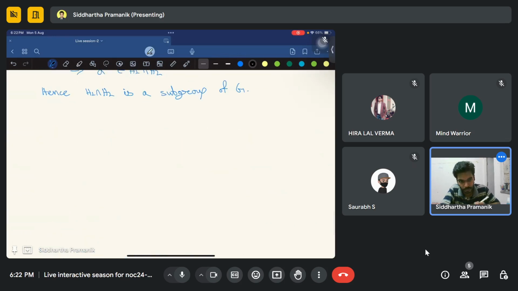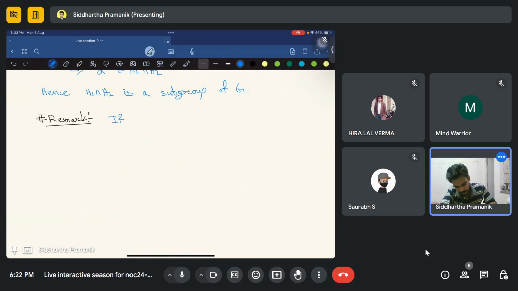Okay. So this will also be a subgroup. And the interesting fact is, we don't need finiteness. We can take any arbitrary number of subgroups.